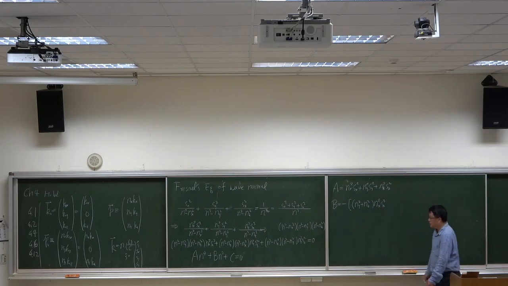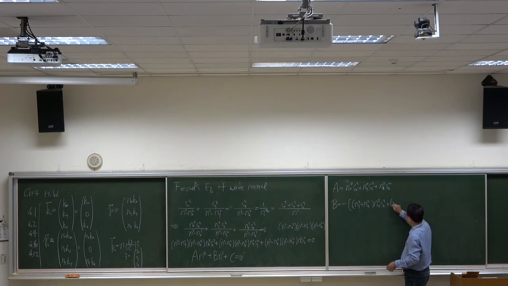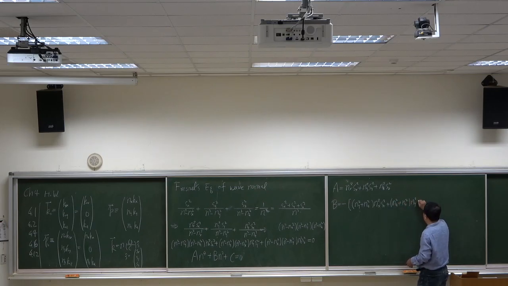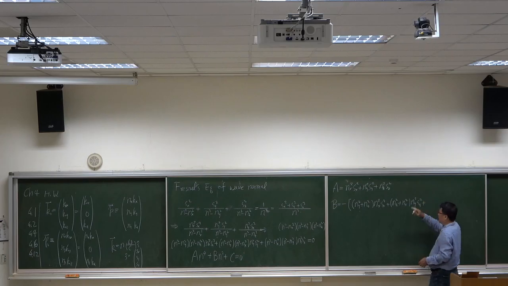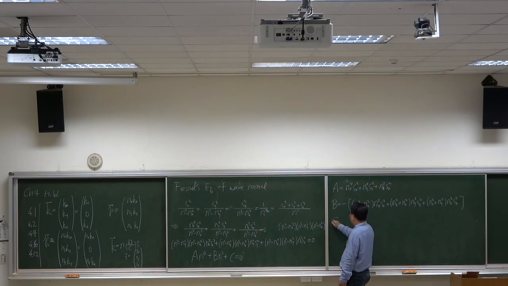This is the first term. The second term is nz squared plus nx squared times ny squared sy squared, and then nx squared plus ny squared times nz squared sz squared. Okay, this is the coefficient b.